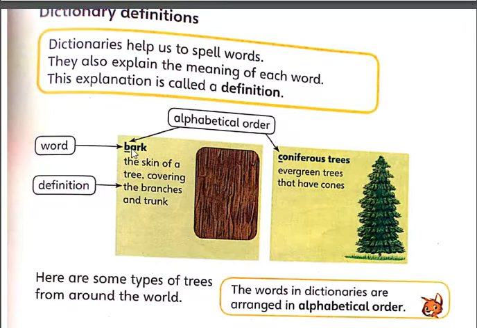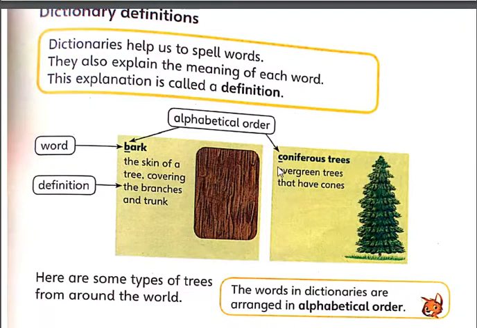We have words with B first, then we start to find words with C. Okay, and here is the definition of the word bark. So bark is the skin of a tree covering the branches and the trunk. So it is this brown surface covering the trees.